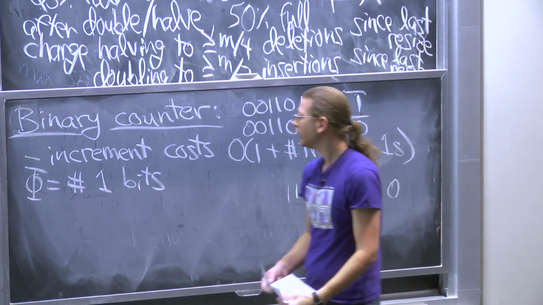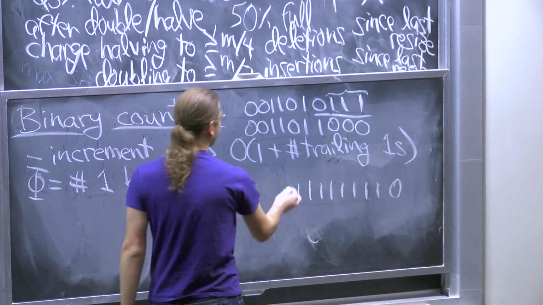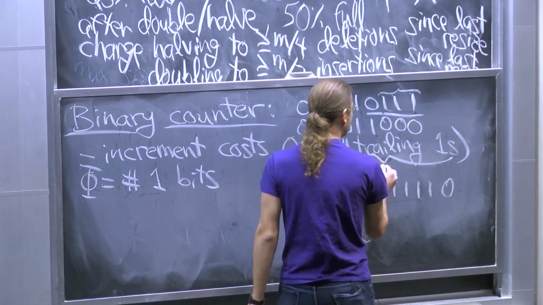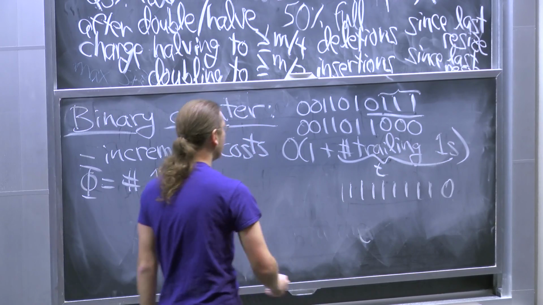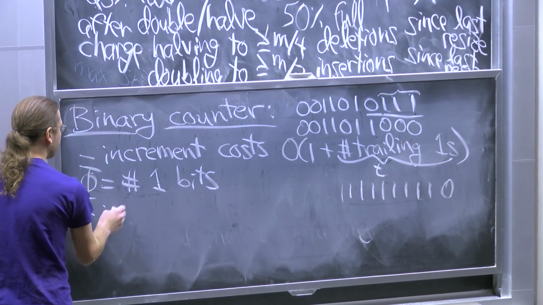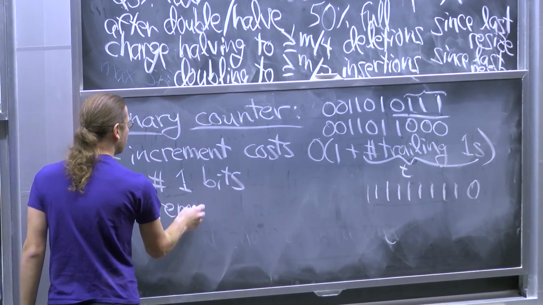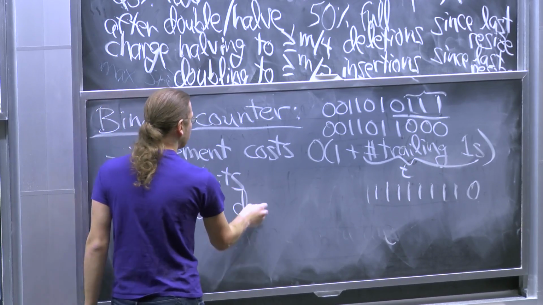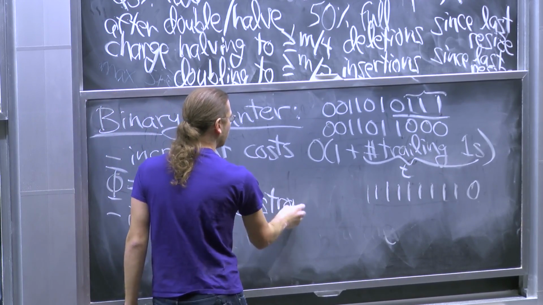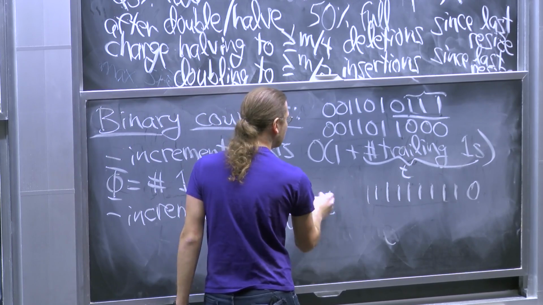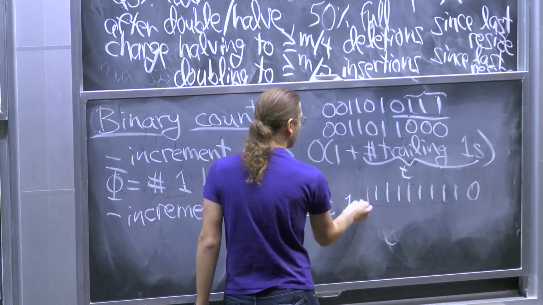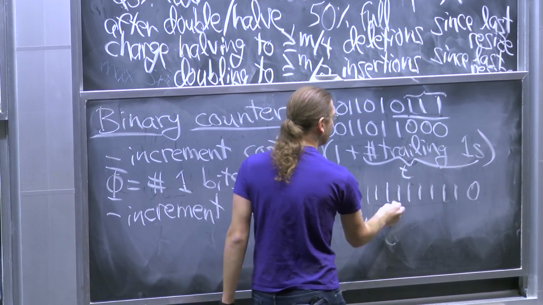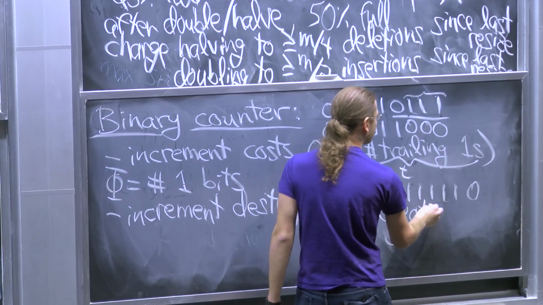In general, if there are, let's say, t trailing 1 bits, then an increment destroys t 1 bits, and it creates one 1 bit.